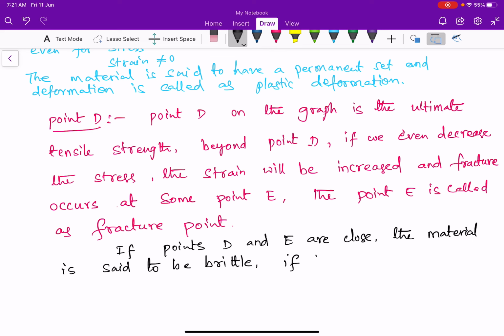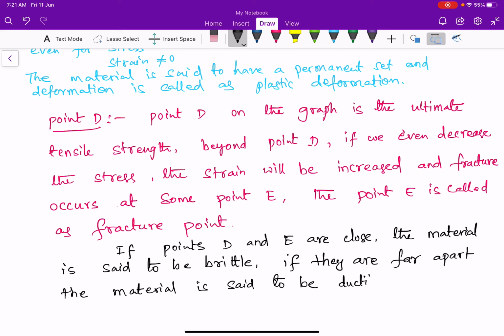If they are far apart, the material is said to be ductile.